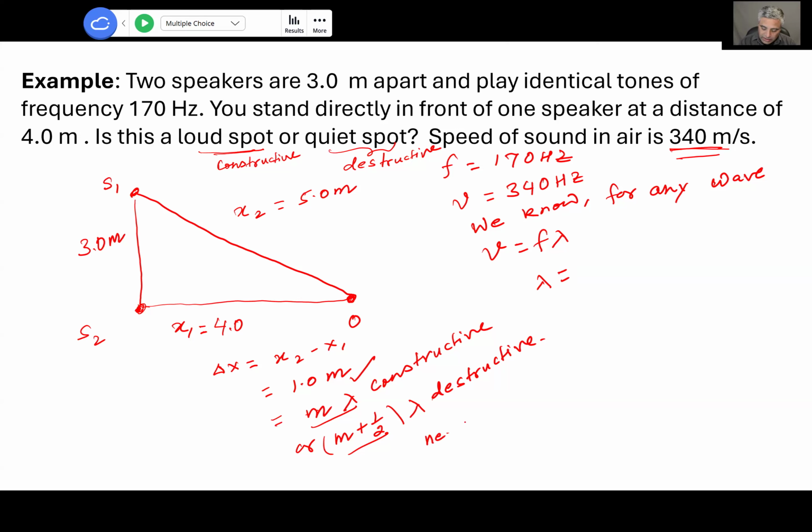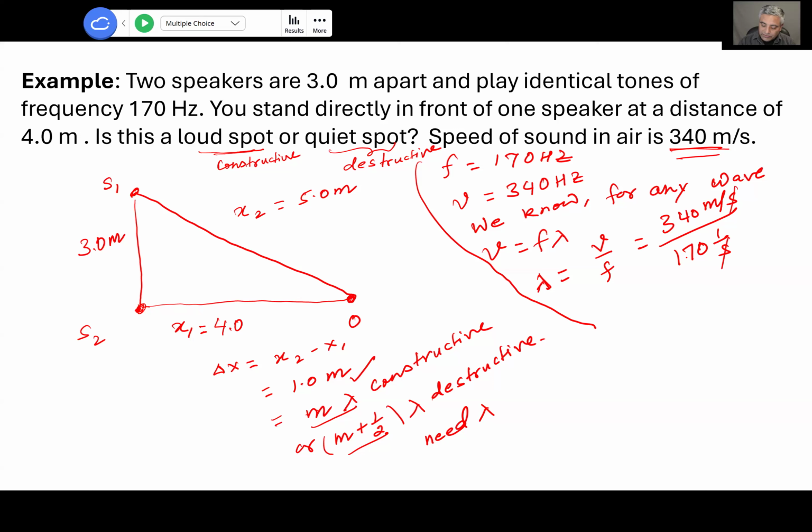Here we need the wavelength, so that's why I am calculating it. So wavelength is v over f. v is 340 meters per second and f is 170 hertz, which means 1 over second. Hertz is 1 over second.